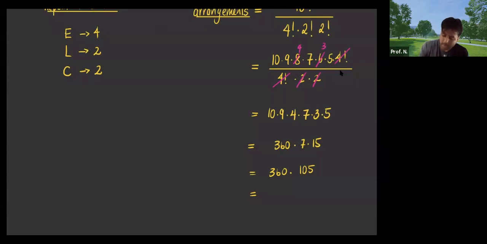So there's 37,800 different arrangements. Any questions about this?